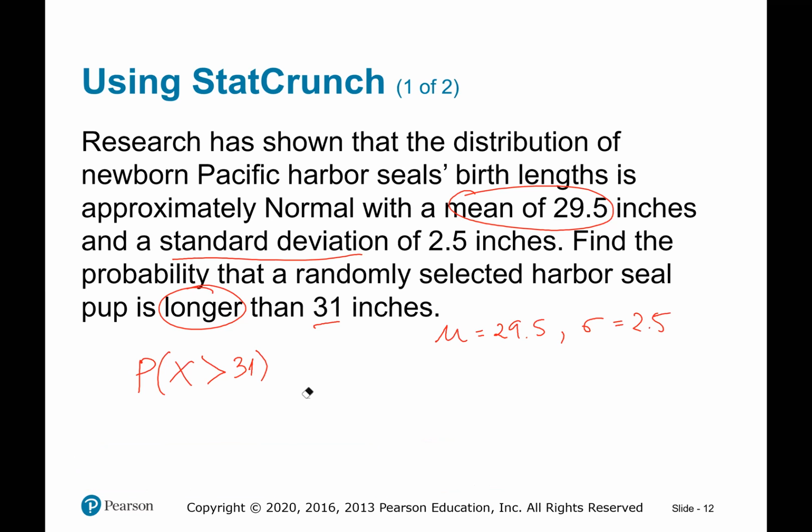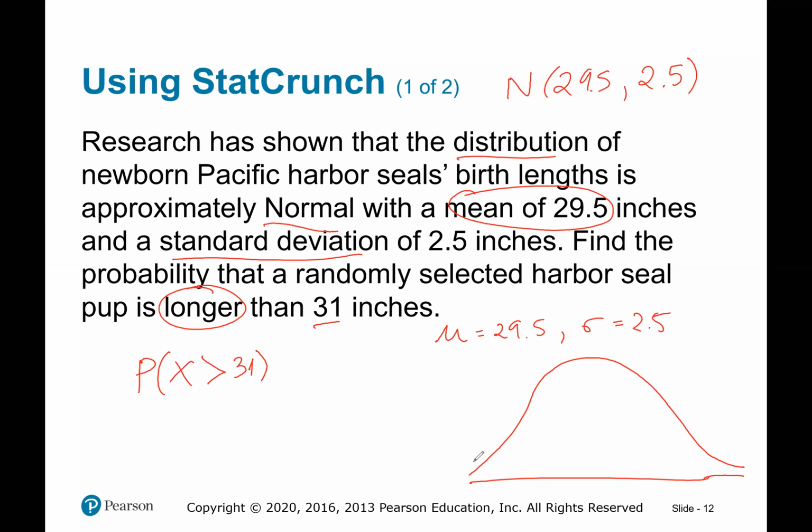All right, so this should be a normal distribution with mean 29.5 and standard deviation 2.5. So if I draw the curve, okay, the mean is 29.5. My curve is a little bit terrible, but let me try to redo it.